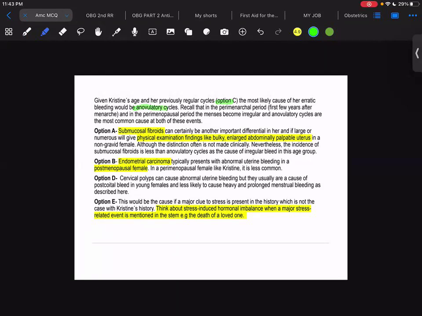Recall that in the perimenarchal period, the first few years after menarche, and in the perimenopausal period, the menses become irregular and anovulatory, and they are the most common cause for heavy menstrual cycles in both events. That means in the initial months of the menarche and later before the menopause.